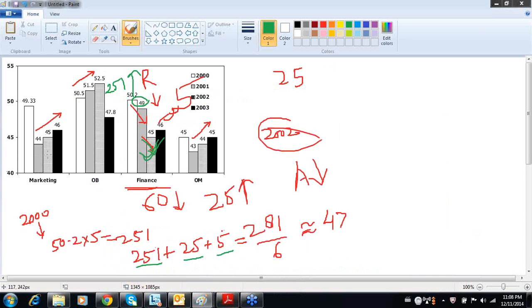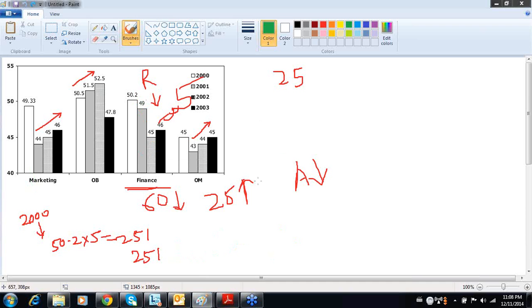This is marketing. Okay. So the total age here will be, in 2000, the marketing total age will be what? 49.33 into 3, which will come out to be 148.